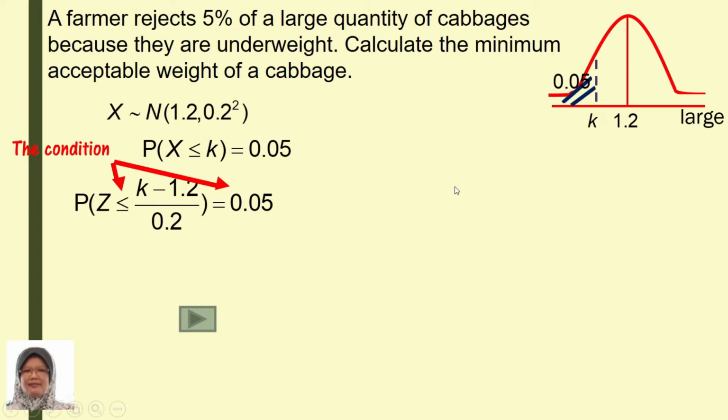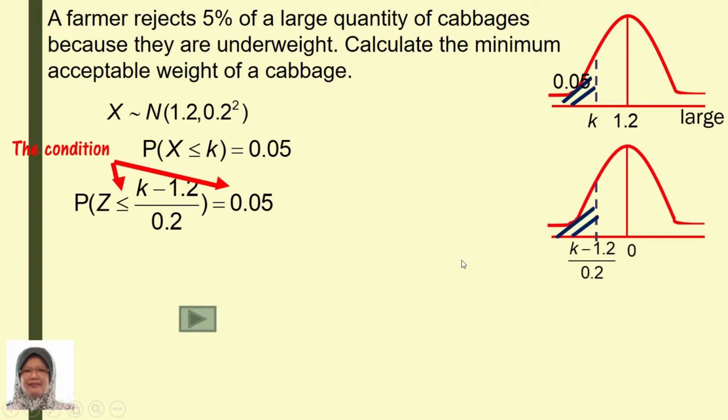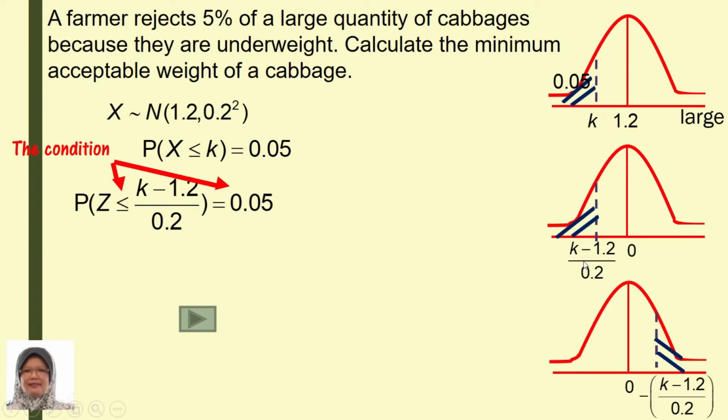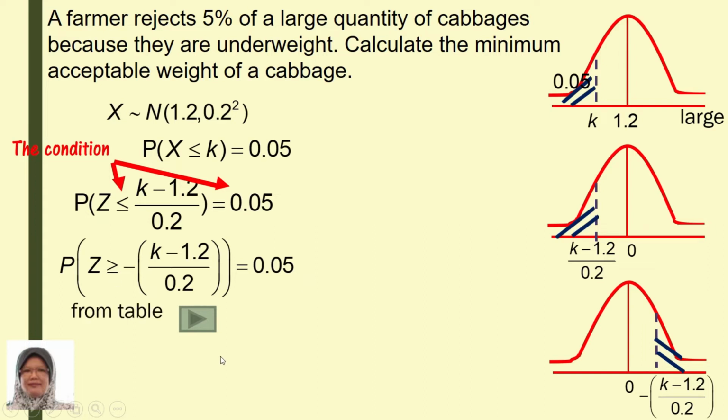So we look at the graph of the Z distribution and we know we must change to the right side. (K - 1.2)/0.2 becomes -(K - 1.2)/0.2. So we change to P(Z ≥ -(K - 1.2)/0.2) = 0.05. We can read from the table.